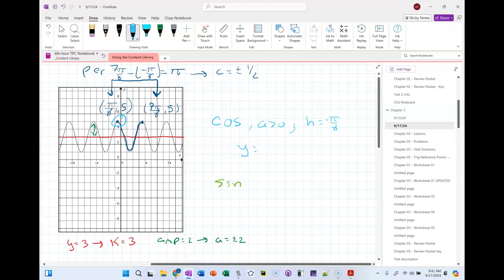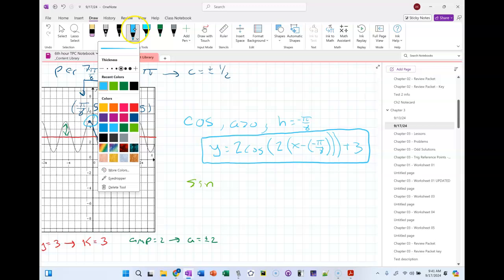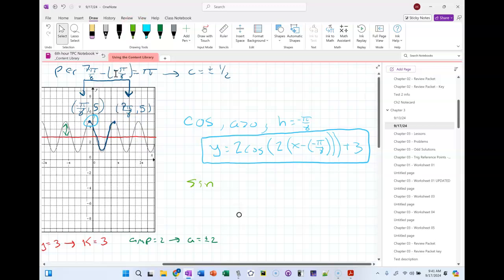So we have y equals 2 cosine of the reciprocal of 1/2 times x minus h, plus k. Any questions on that? Feels okay?